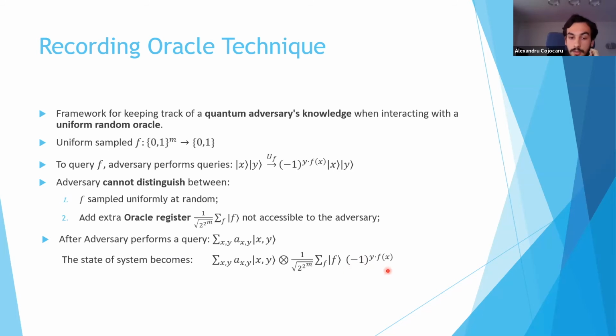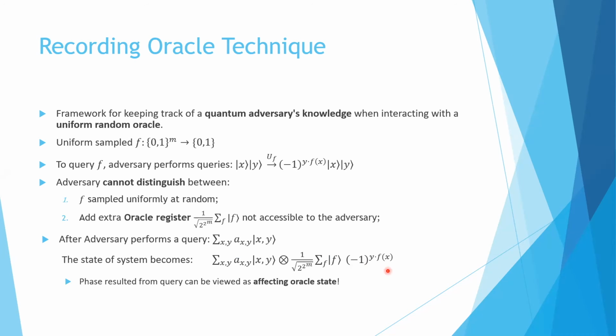So it can actually appear right here. This very important observation tells us that a query of the adversary is actually modifying the oracle state. And we are going to use the oracle state to learn information about the adversary's knowledge. And as I mentioned before, very importantly, the adversary cannot access this register.